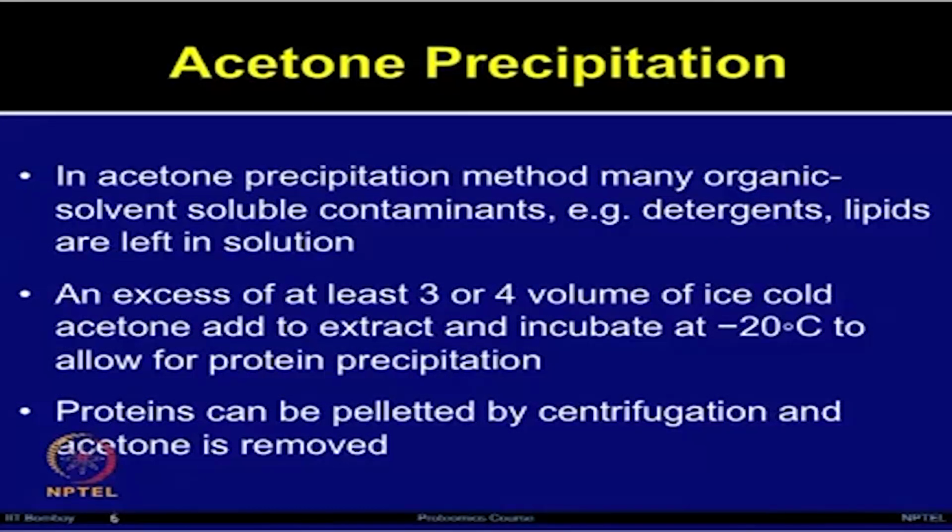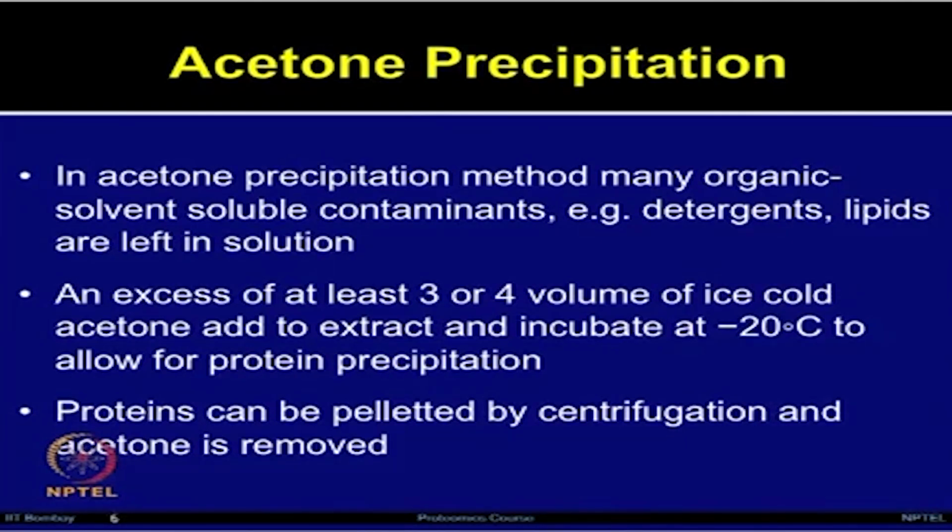Now, let us talk about the acetone precipitation. In this method, many organic solvent soluble contaminants such as detergents and lipids are left in solution. So, it is very effective. If you add an excess of at least 3 or 4 volumes of ice cold acetone to your extract, incubate it at -20 degrees for 1 to 2 hours and allow the proteins to precipitate.